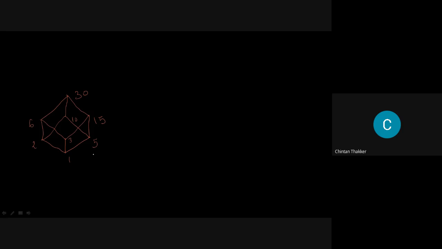So here, which are the meet irreducible elements? In which elements do we have only one line coming from upside? Just 6 and 15. What about 10?